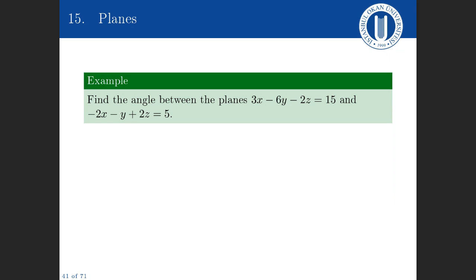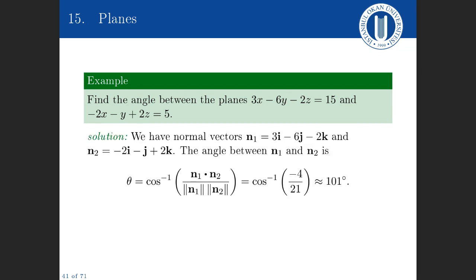For example, find the angle between these two planes. We need to write down the two normal vectors. We're going to calculate the angle between the two normal vectors, and if that angle is bigger than 90 degrees, then we'll do 180 minus that angle. First part is easy. We can immediately write down the two normal vectors.